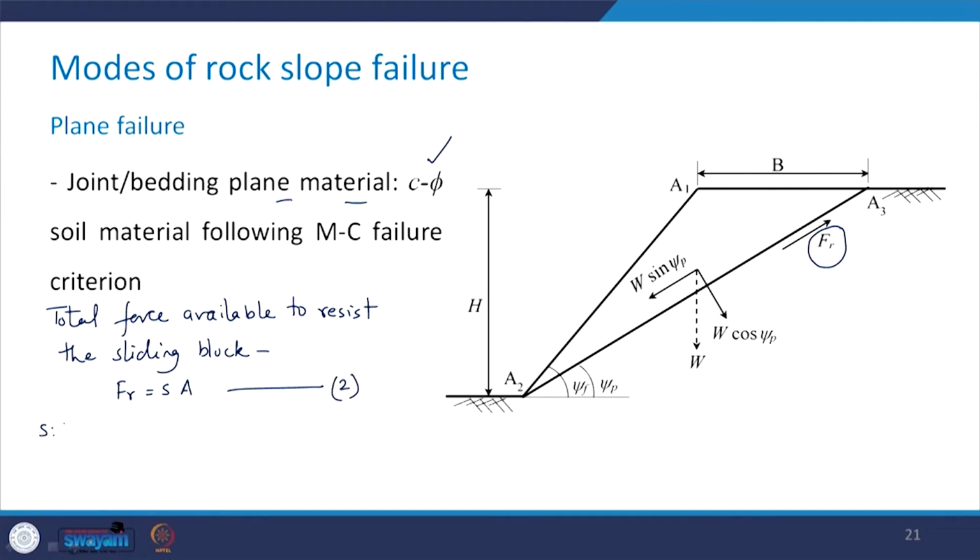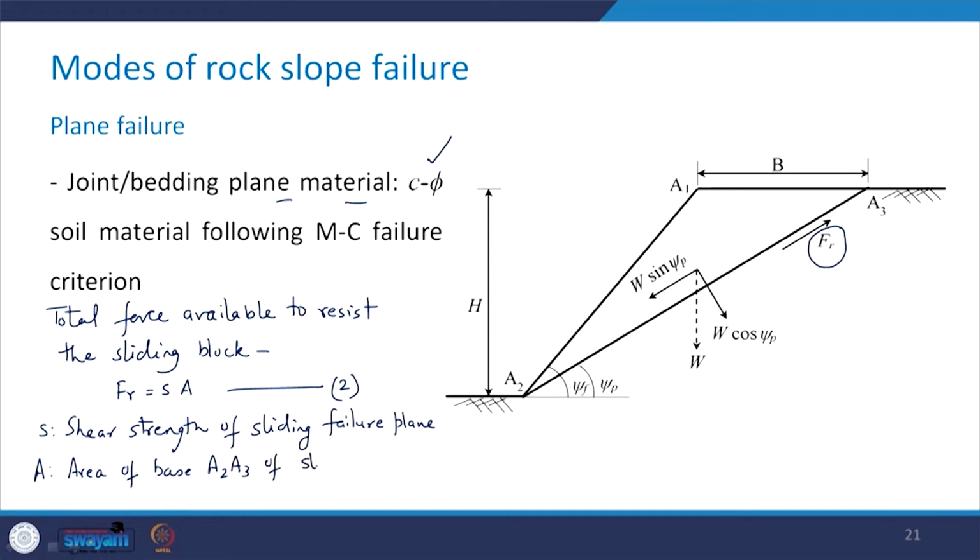Here this S is the shear strength of sliding failure plane and A is the area of base A2, A3 of sliding rock block.